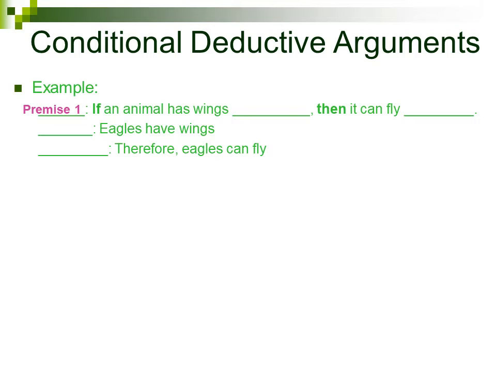The if part of premise 1, if an animal has wings, that's the antecedent. And then the second part, the then part, then it can fly, is the consequent. The second line is the second premise, premise 2, eagles have wings. And then finally, the third line is the conclusion, therefore eagles can fly.